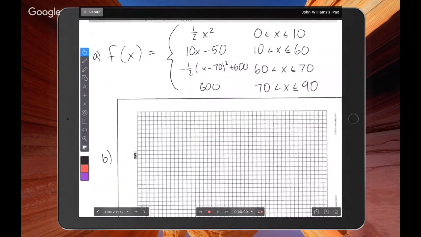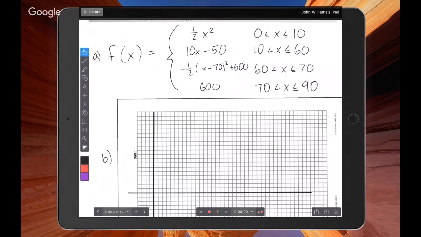We've got x-axis, there's my y-axis. There's my x-axis.